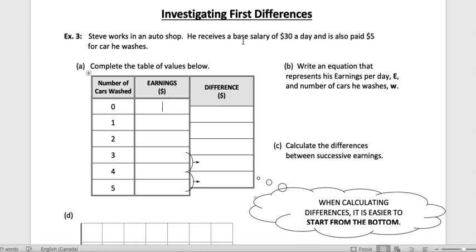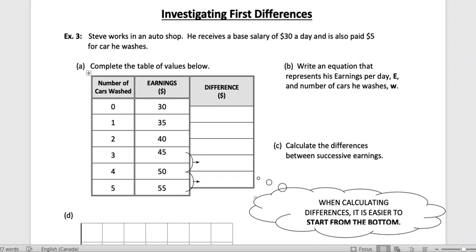If he does not wash a car, how much does he get paid a day? $30, correct. If he washes 1 car, he gets $35. If he washes 2 cars, he gets his base pay plus $10. You can see how this is increasing by 5s. Here it says write an equation that represents his earnings per day.